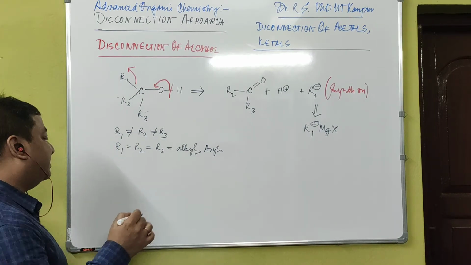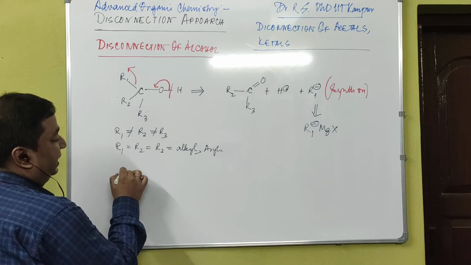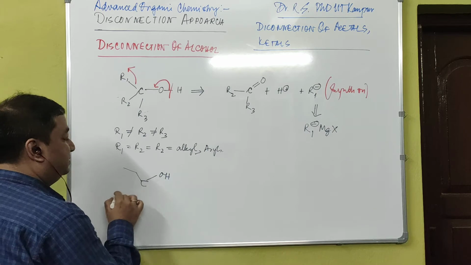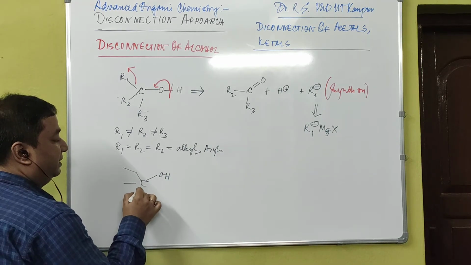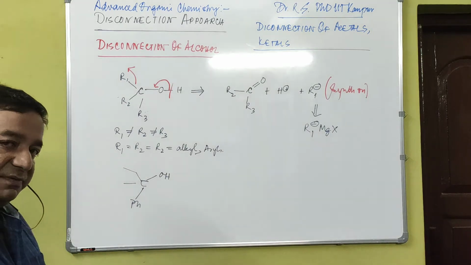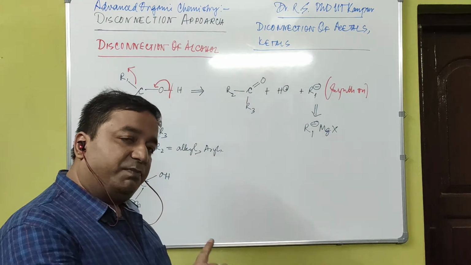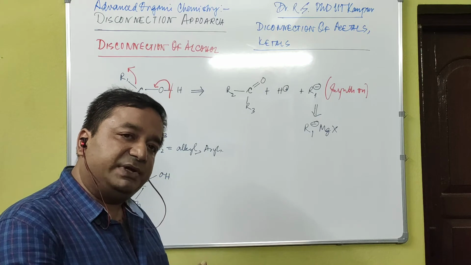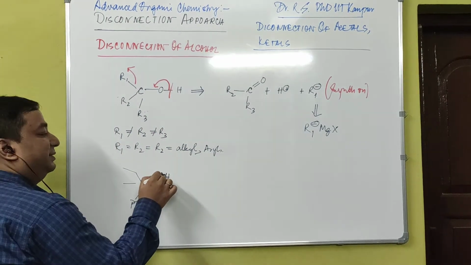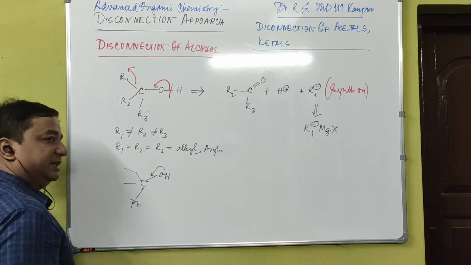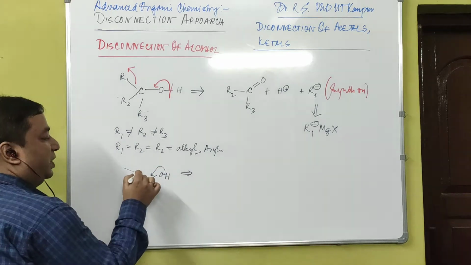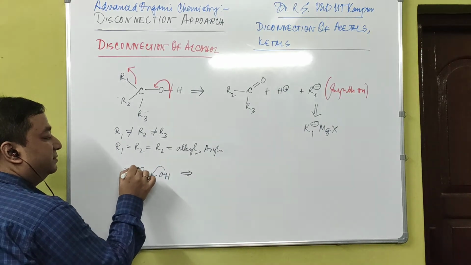Now I will take a real life example. Suppose I have given you something like that. There is a methyl, and suppose there is a phenyl. And I've made a question for you: what are the possible starting materials from which you can make this alcohol? Same thing, make the double bond. Say in route 1, I am taking away the ethyl.